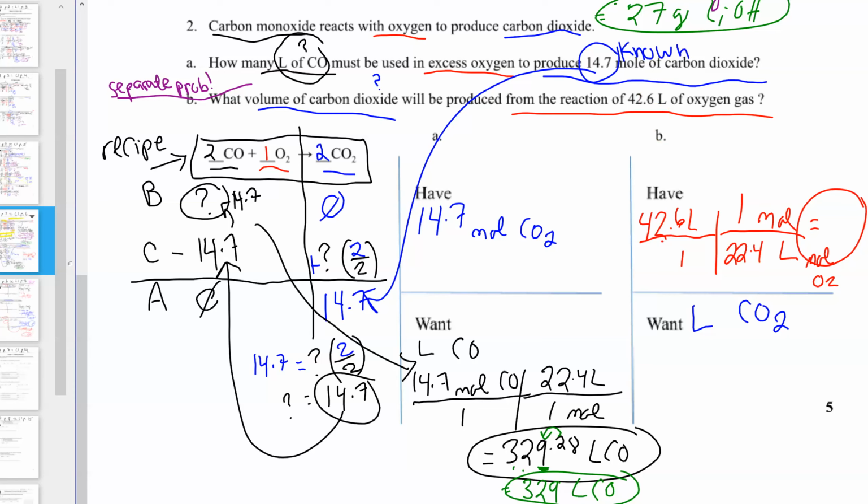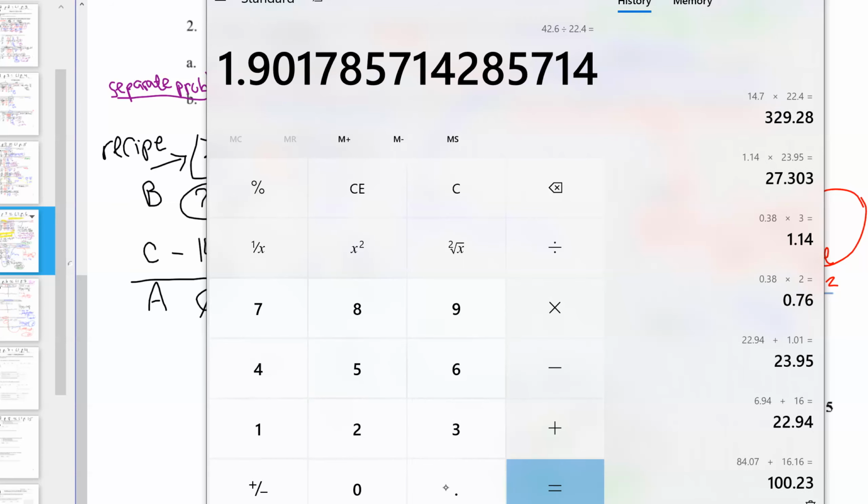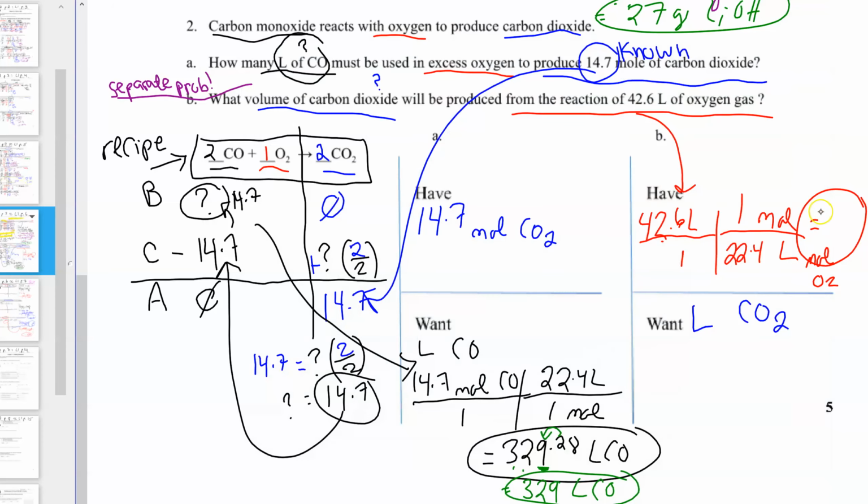They're telling us there's 42.6 liters of oxygen, but we know that we have to go to moles. So we've got to cancel liters, go to moles. For this one, it's going to be 42.6 divided by 22.4. That gives us 1.9017 moles of O2.